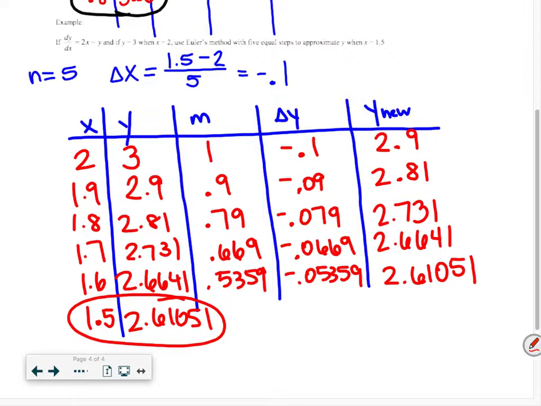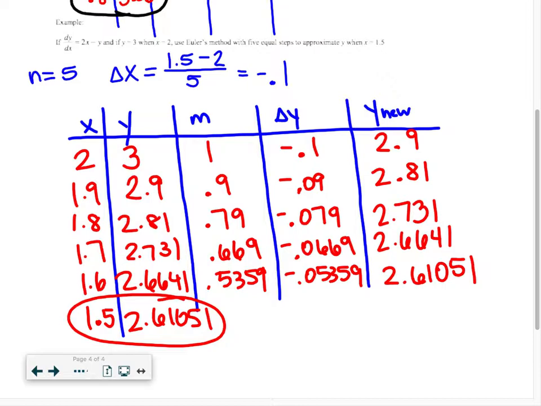I don't want us to get into the habit of knowing how to do the math but not knowing how to read the answer. If we have 5 steps, you should have completed 5 rows, and then the beginning of your 6th row is essentially the coordinate that we've reached.